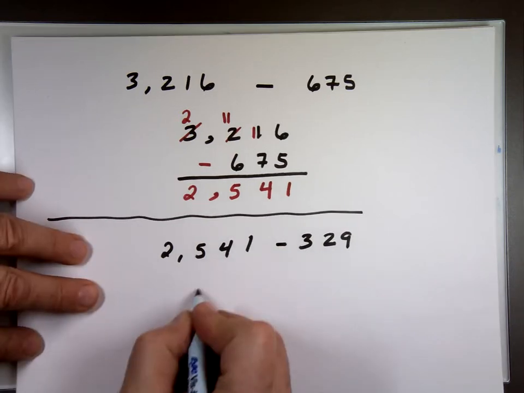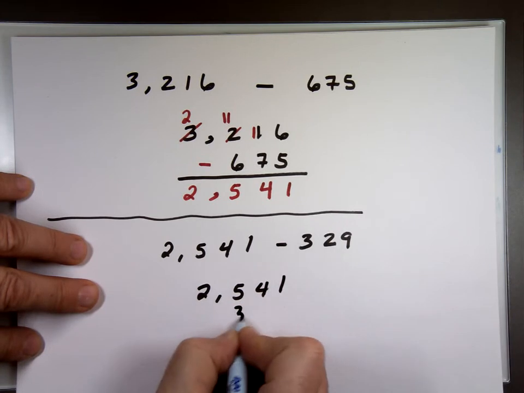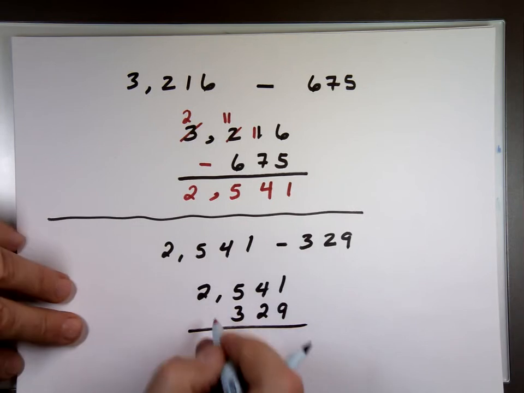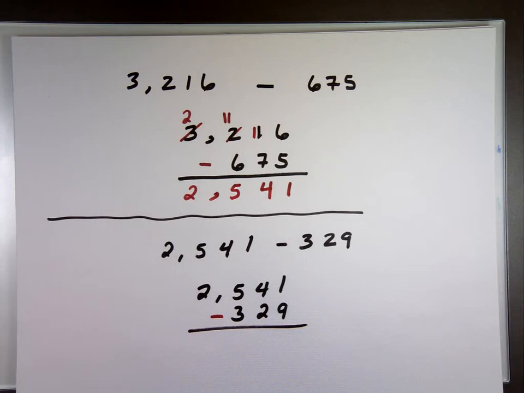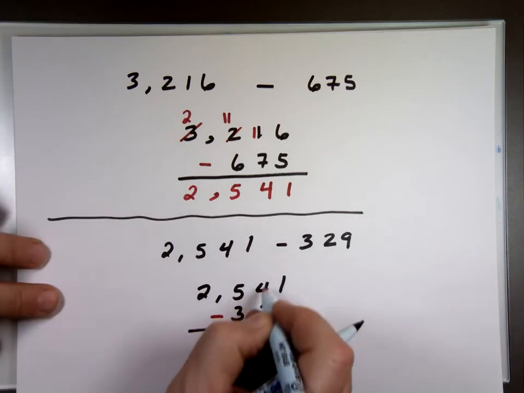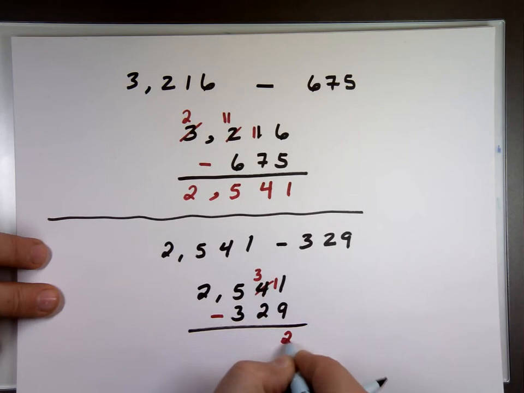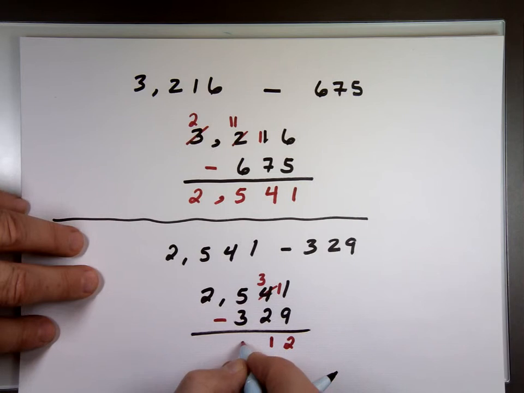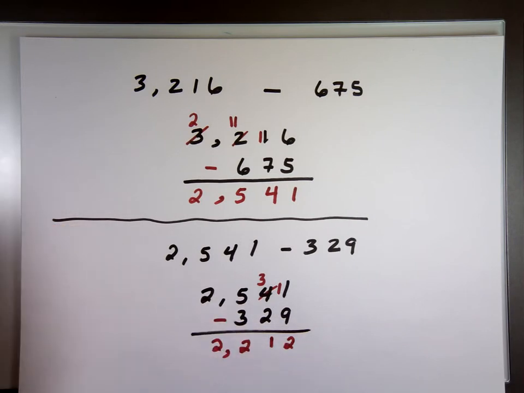Line them up. 9 from 1, can't. 3, 11. 9 from 11, 2. 2 from 3, 1. 3 from 5, 2. And nothing from 2. $2,212.